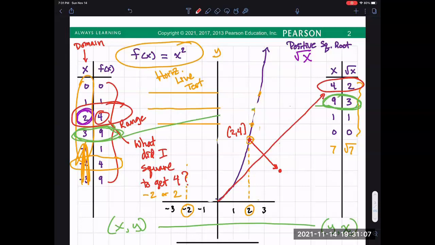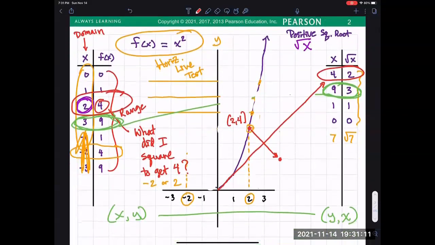This diagonal line is the line where y is equal to x: 1, 1, 2, 2, 3, 3, 4, 4. That's the line y equals x. And basically this point just hops over to the corresponding point on the other side. The point 1, 1 is actually on the line, so it doesn't move.